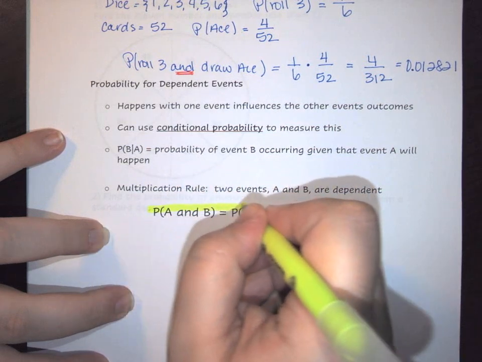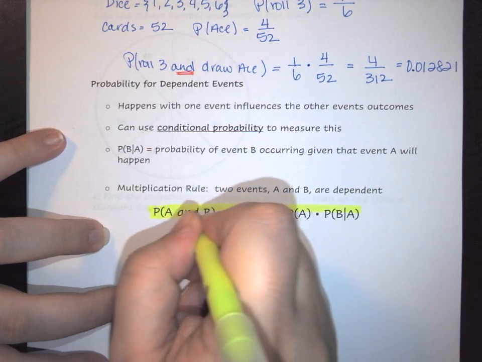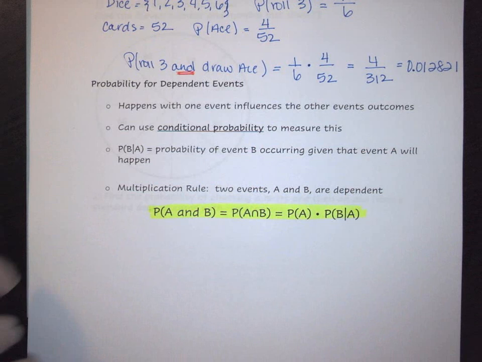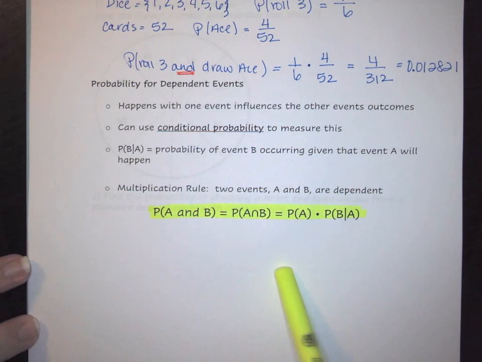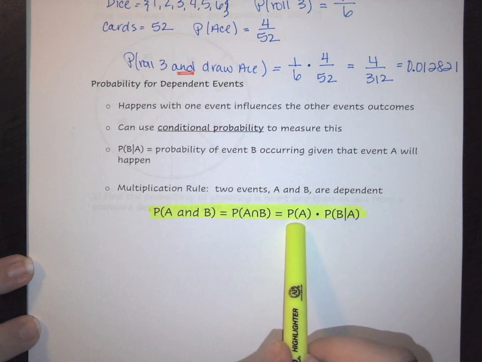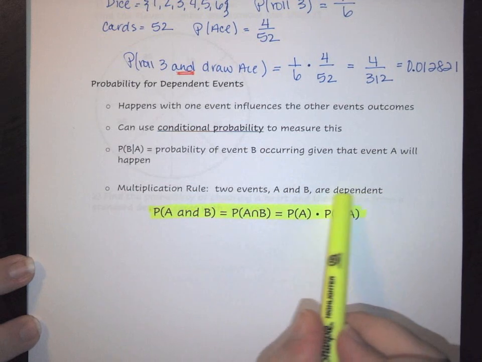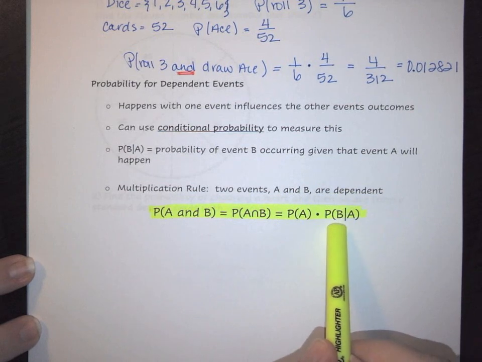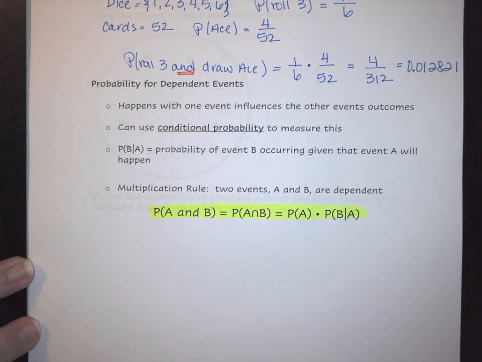So we're still going to use my multiplication rule, but it's going to be slightly different. Instead of doing the probability of A times the probability of B, we would do the probability of A times the conditional probability that B occurs given A, or given the events of A.